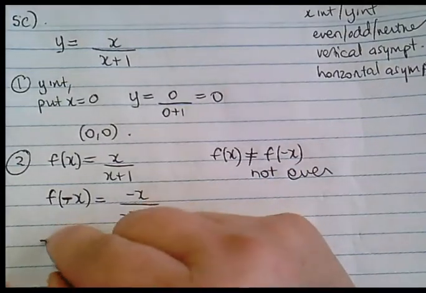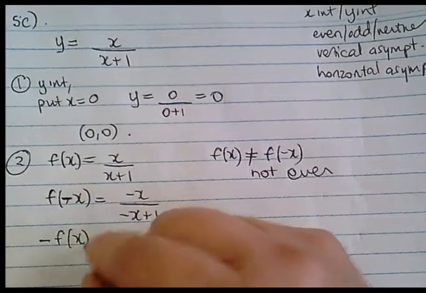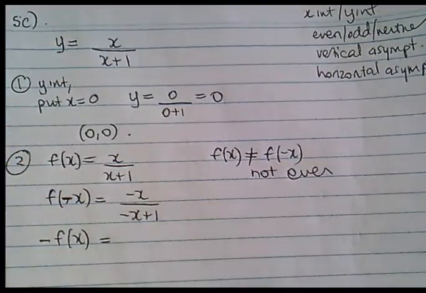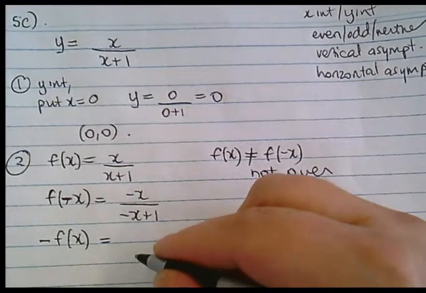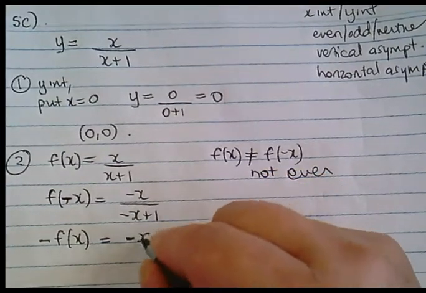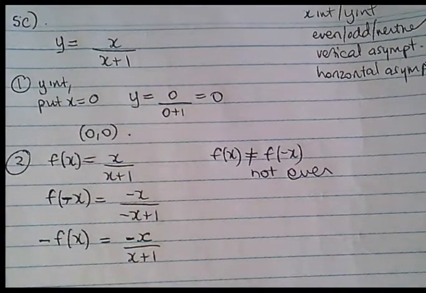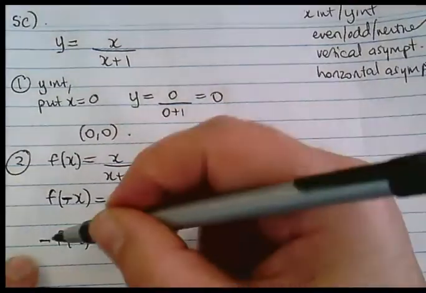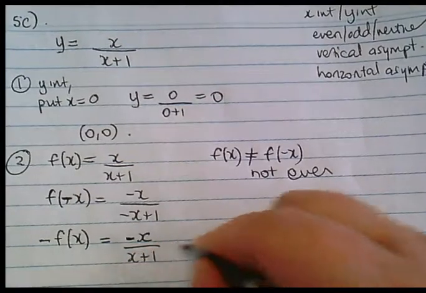Let's keep going. What do we do next? Negative f(x) is, be very careful here. It's just a negative in front of the whole thing, so you put a negative on the numerator or a negative on the denominator. I'm going to put it on the numerator. It's negative x over x plus 1, because it just goes in one spot, not 2 spots.